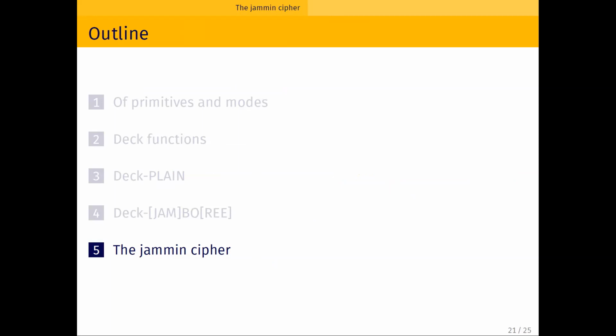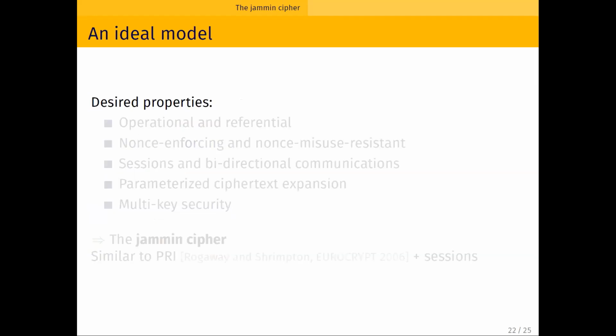But the slight thing we had with OAE2 is that it actually defines different flavors of OAE2. You have OAE2 A, B, C, and then NOAE2, DOAE2. And that was a bit difficult for us to treat all that. So we decided to define a new model, and that's the jamming cipher.